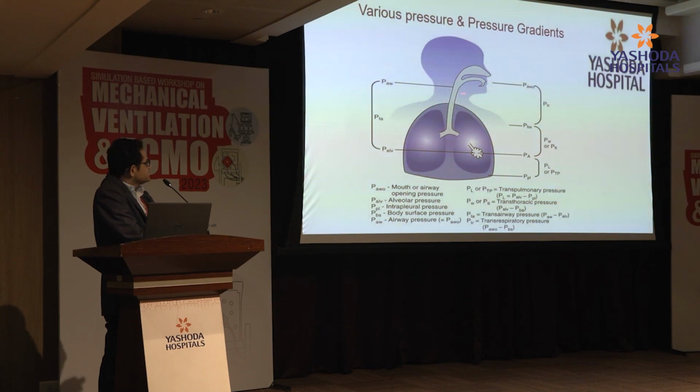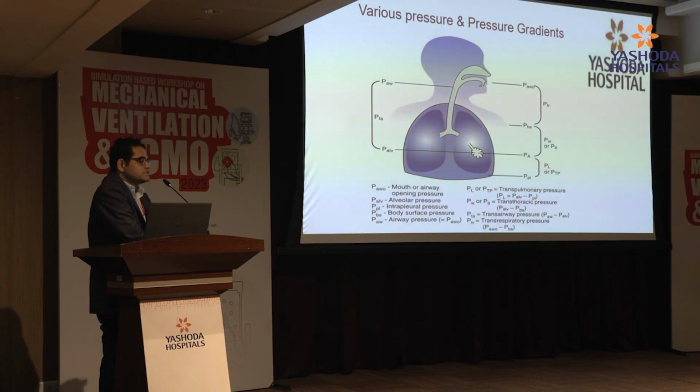If there is a difference, there will be gas flow. Another important pressure is transthoracic pressure, the difference between the pressure at the body surface and the alveolar level. This pressure tells us about lung expansion as well as contraction.